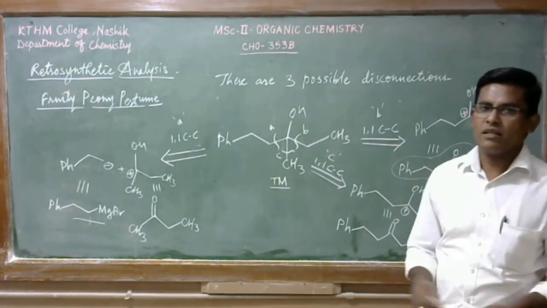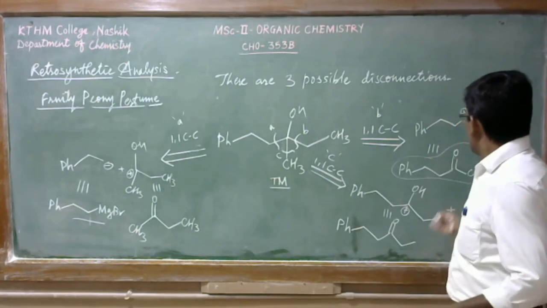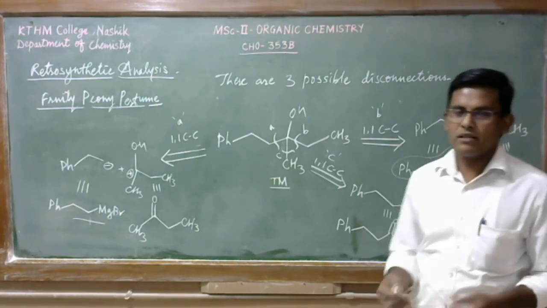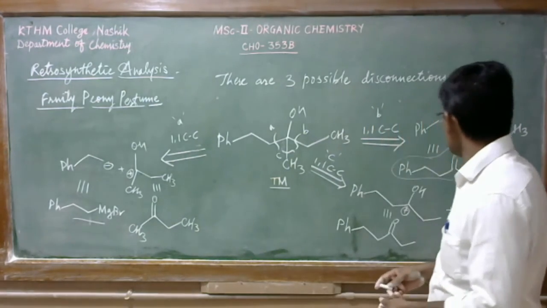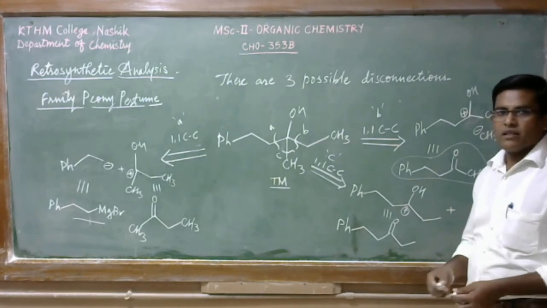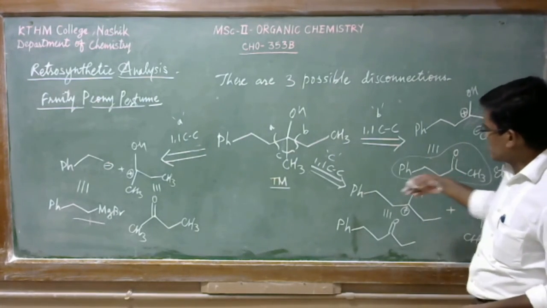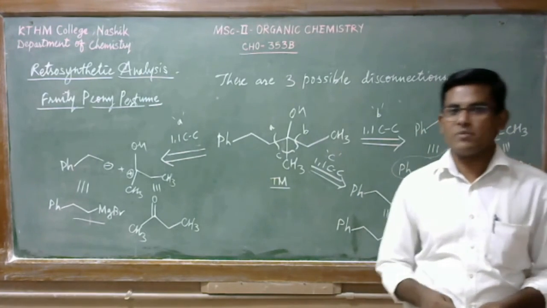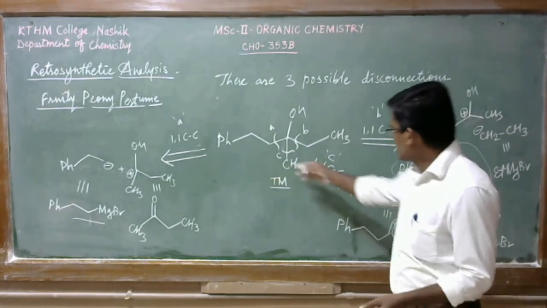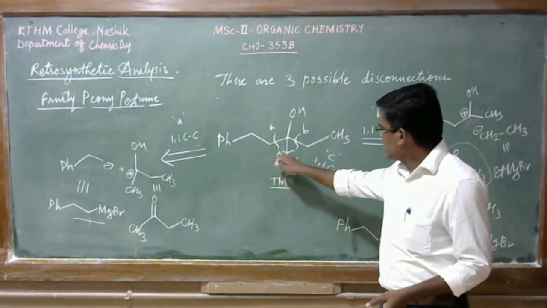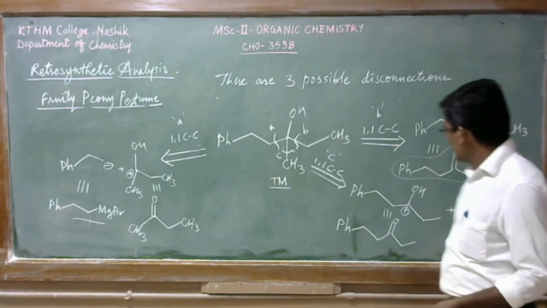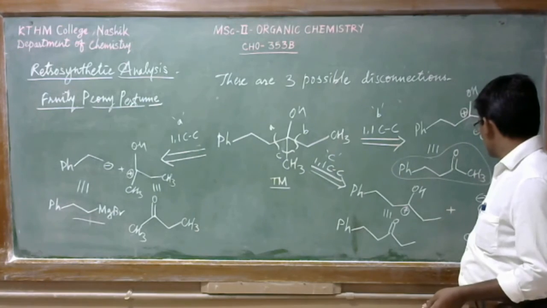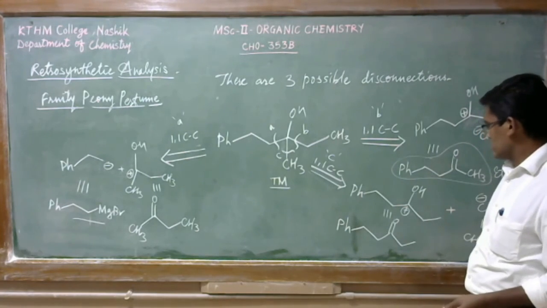So this is not expensive. So this route is quite good. Okay, this route is better than other routes, because in other routes there are expensive chemicals. Okay, so in route C, we would get this methyl magnesium bromide and this ketone.